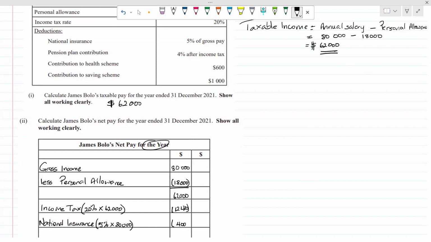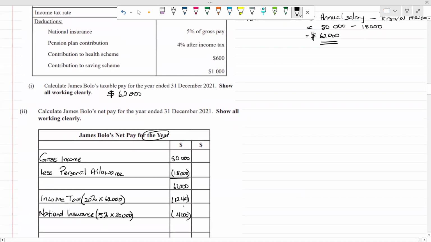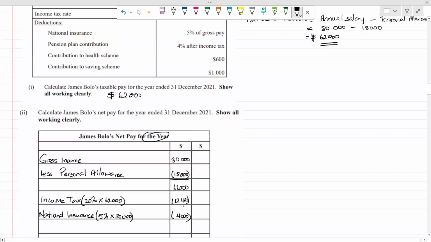Pension plan. They say 4% after income tax. So some of these you might have to work out some figures in between, right? So for example, after income tax, so 80,000, this is total salary. We take away income tax, which is 12,400.